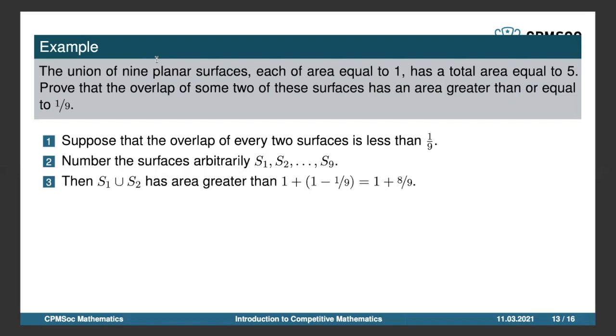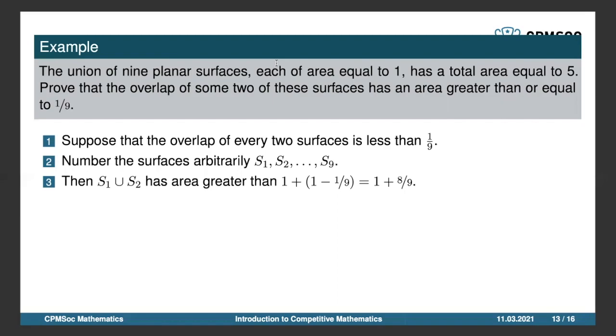You can visualize it almost as a Venn diagram. So you could have a circle and another circle that intersects the first circle. Even though these are arbitrary plane surfaces, when you're drawing a diagram, you can pretend that the surfaces are as simple as possible, such as a circle, just to make things easier.